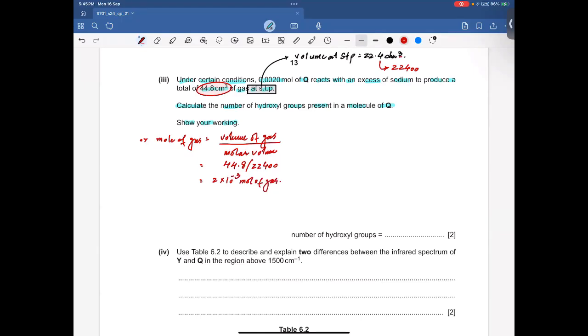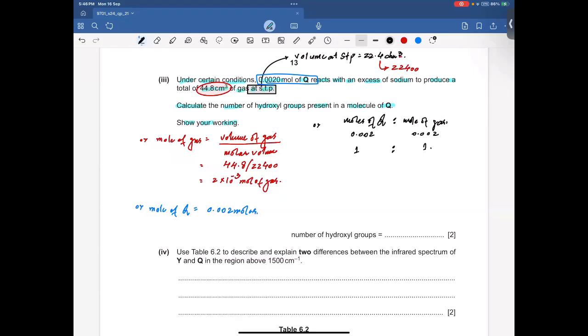And you know how many moles of Q we have? We have 0.002 moles of Q. So from my perspective, moles of Q versus moles of gas: this is 0.002 moles, this is also 0.002 moles, which means the ratio between them is 1:1.